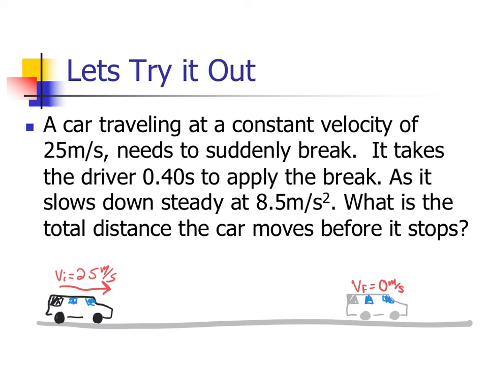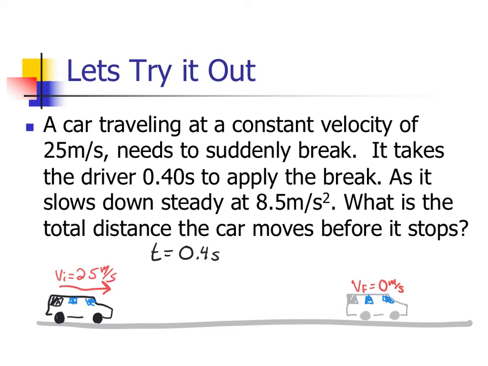The time interval, and I write this in black because it's a scalar quantity. The time, and this is kind of your reaction time between when you should stop and when it takes your brain to go, oh, I got to stop and press the pedal. There's going to be a time delay.